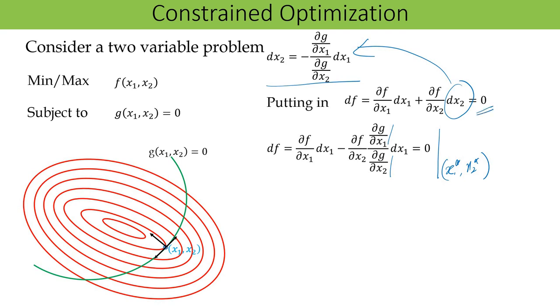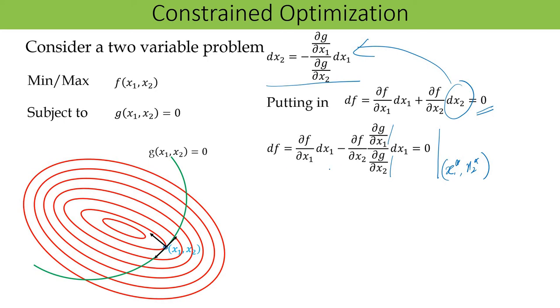Remember that what we are trying to do here is find the necessary condition for optimality in case of constrained optimization. So at the optimal point, df is equal to 0.